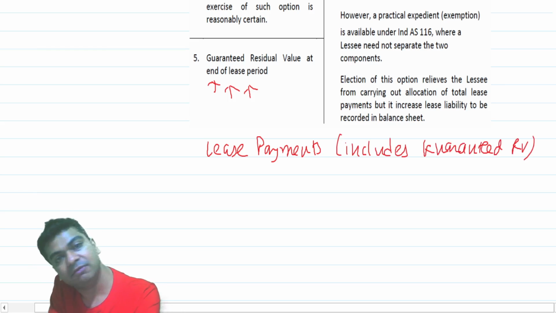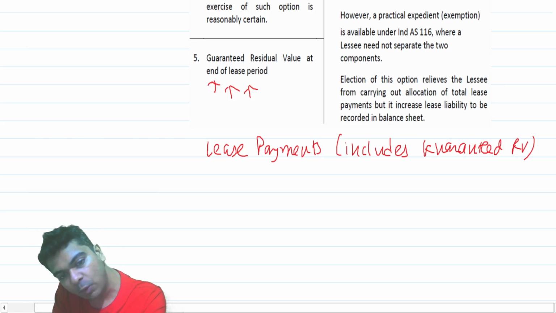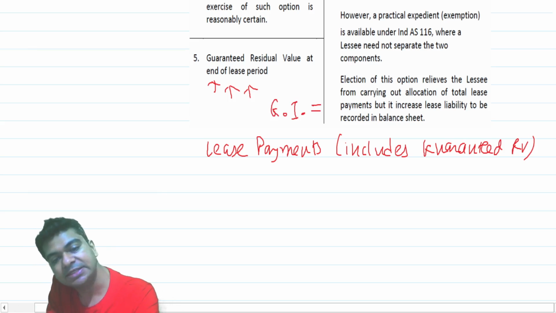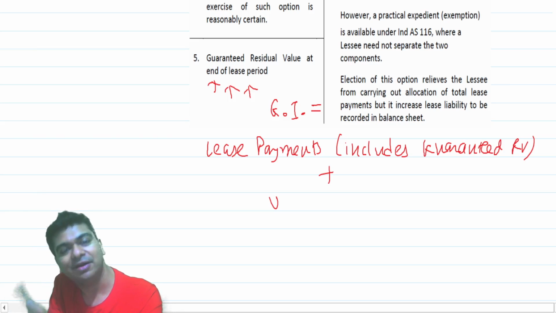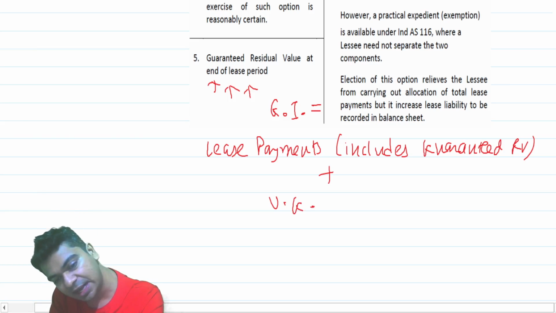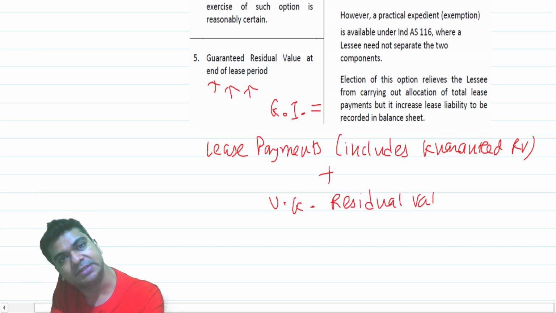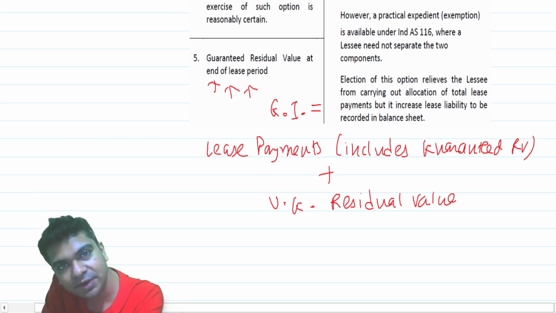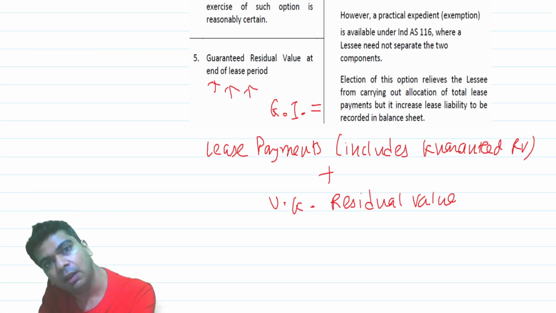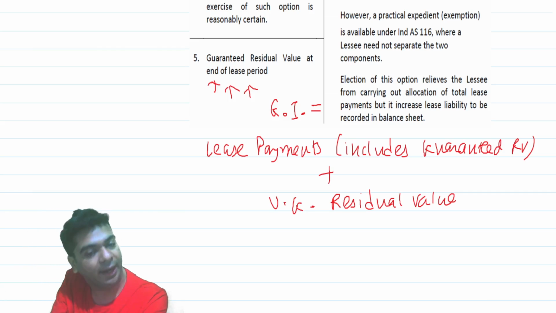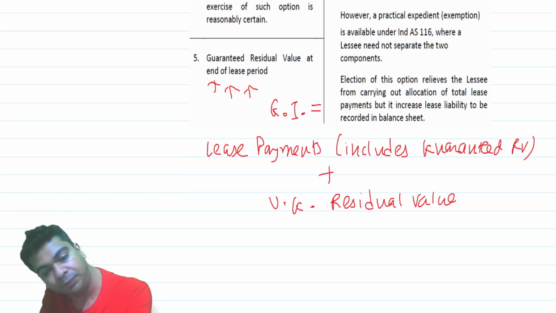That is the reason Ind AS 116, when it coins the concept of gross investment, it says lease payments plus unguaranteed residual value. So here it says unguaranteed residual value for a simple reason that guaranteed residual value is already included in the lease payments. Then the extra amount that you may get, that is to be included.